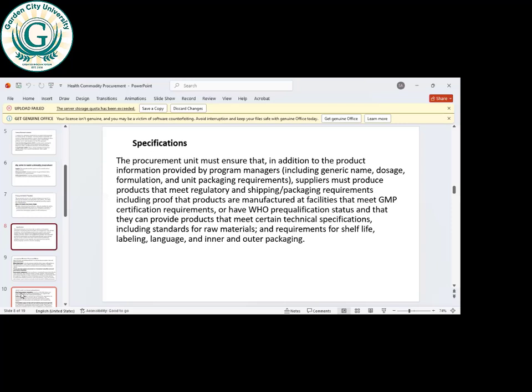The procurement unit must ensure that in addition to the product information provided by the program manager, including the generic name, dosage, formulation, and unit packaging requirements, suppliers must produce products that meet regulatory and shipping packaging requirements, including proof that the products are manufactured at a facility that meets good manufacturing practices certification requirements, or have World Health Organization pre-qualification status, and that they can provide products that meet certain technical specifications, including standards for raw materials and requirements for shelf life, labeling language, and inner and outer packaging.